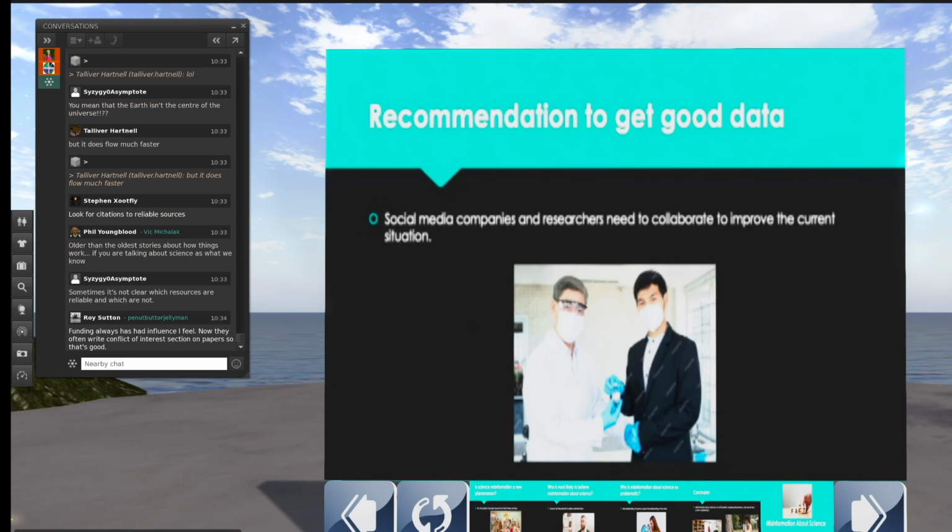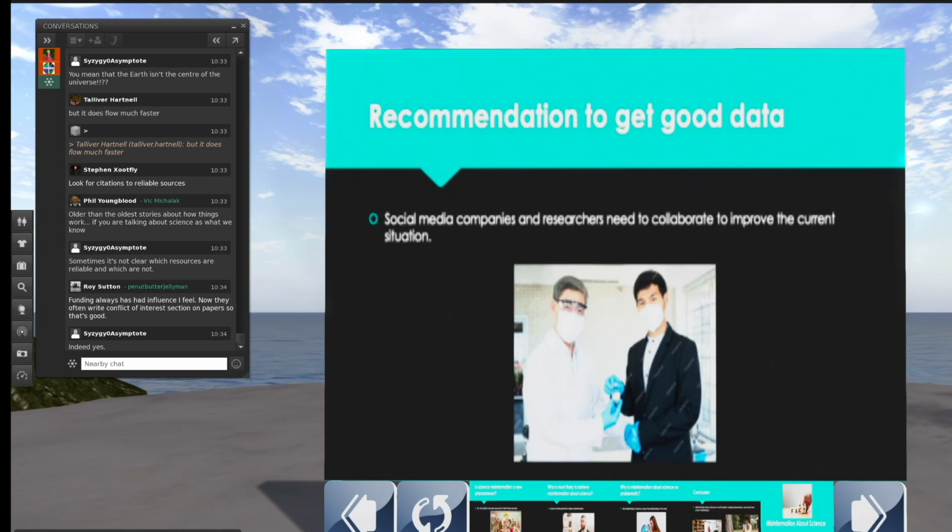Roy says, funding always has had influence. Now they often write conflict of interest sections on papers, so that's good. Now that's something that has been added recently, and I think it's a valid and valuable piece of information. Okay, let's continue on.